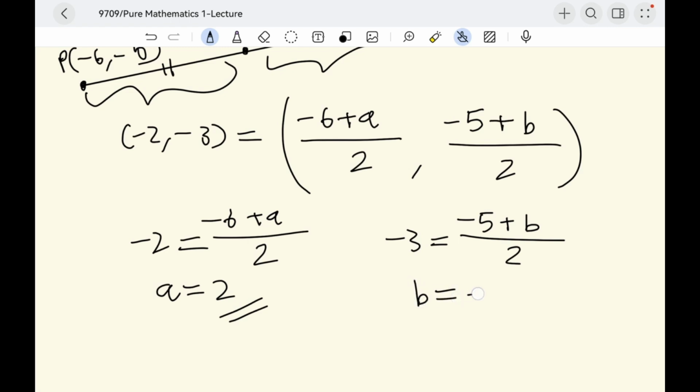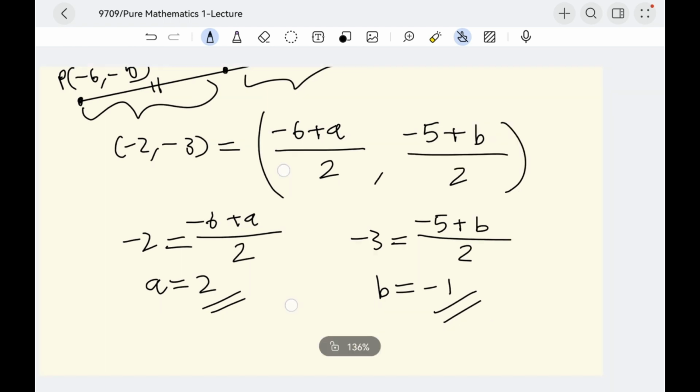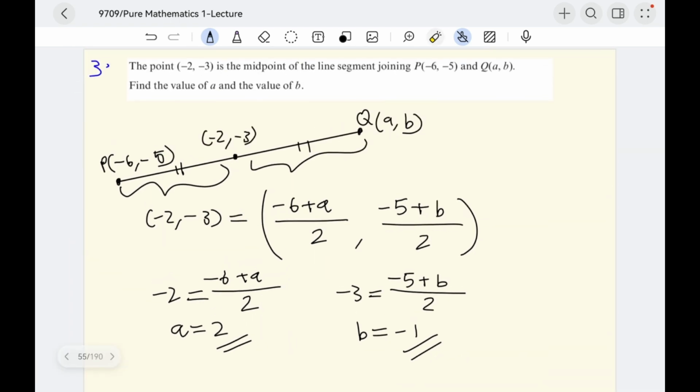So b is negative 1. So this is how you determine the values a and b following the relationship of the midpoint, since this is the midpoint between P and Q. Alright, that's the end of the discussion for this question. Because this question is quite direct, it shouldn't be difficult for you.